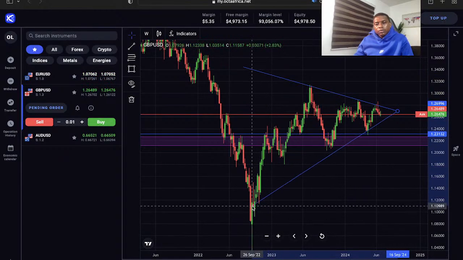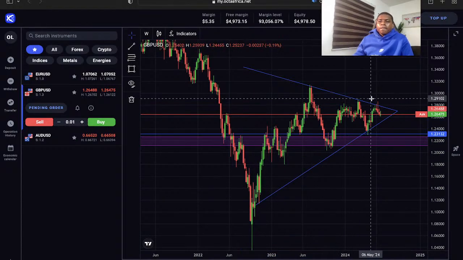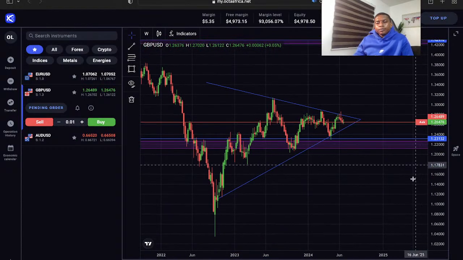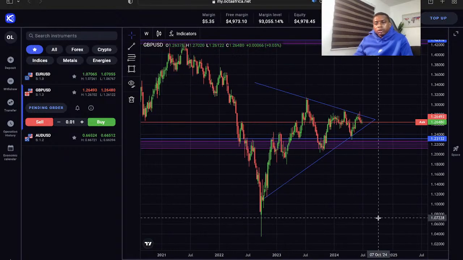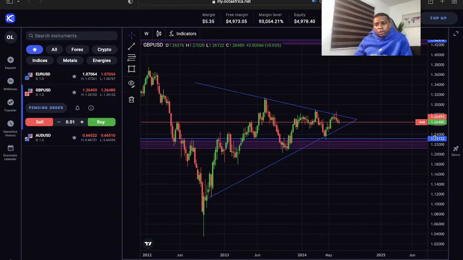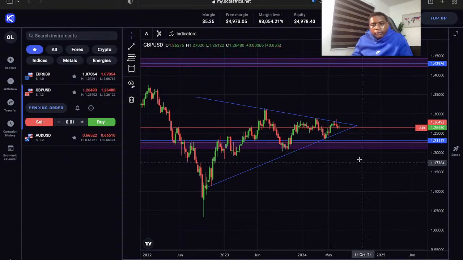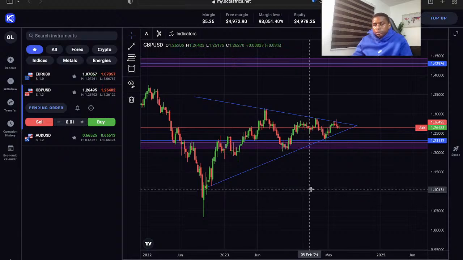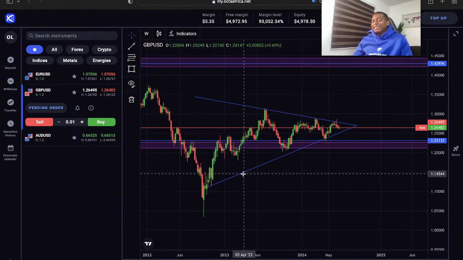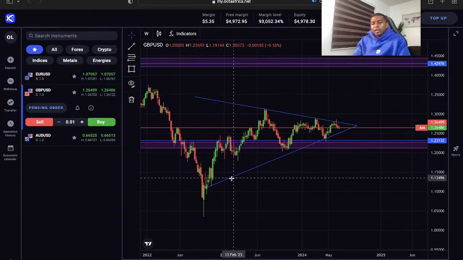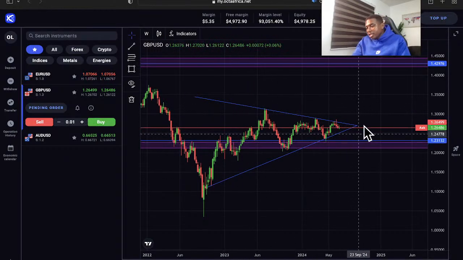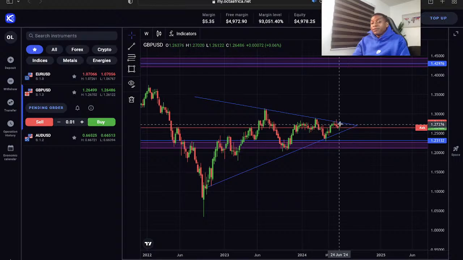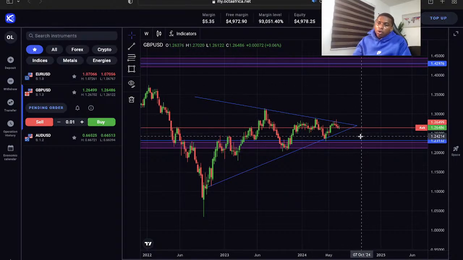Now here is what we call a symmetric triangle. No defined direction, either up or down. It just moves in a symmetric pattern, and that's what we can see here now. There's neither a defined direction of if it's going up or if it's going down.